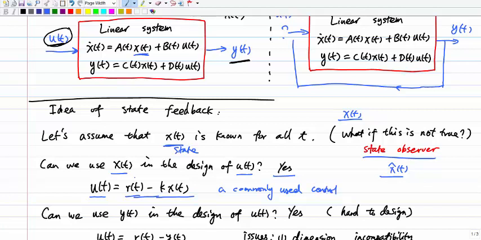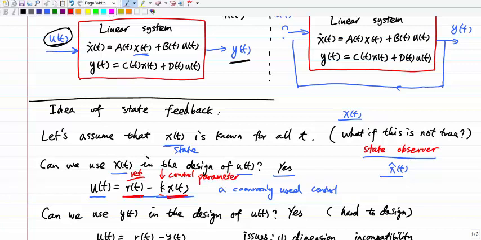This is my reference, and emphasize again, this is my reference, and this is k times x(t). The main idea for the state feedback is to compare the difference between the reference, or preferred output r(t), and my current state times some parameter k, called the control parameter.